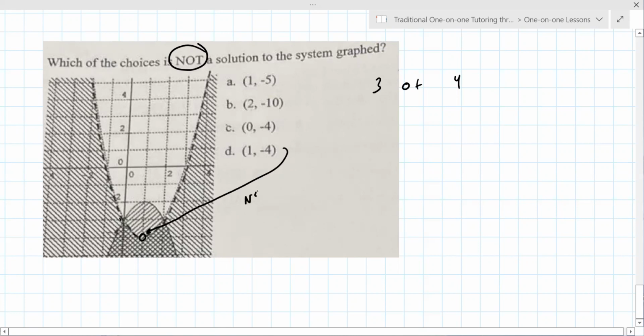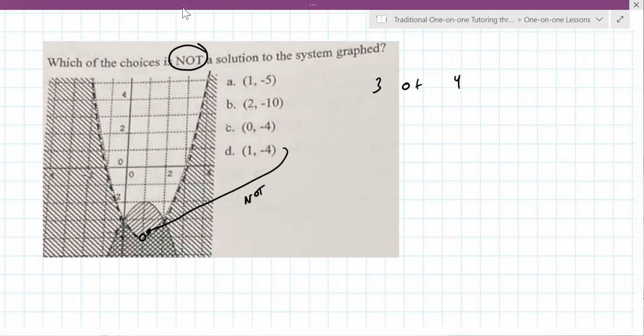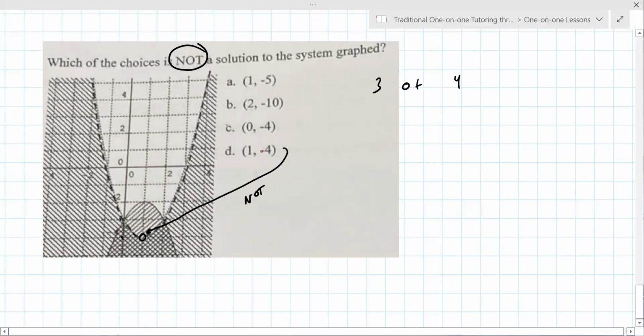This one is not. So 0, minus 4, I guess I can color code some of these. C is right there. That one's okay. 2, minus 10 is so far down that we presume that it's okay. And then 1, minus 5 we also presume is okay.